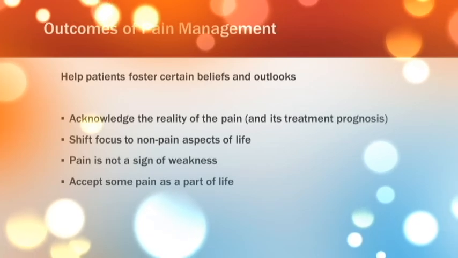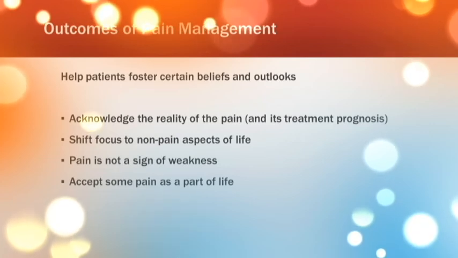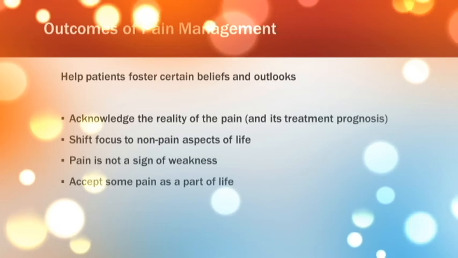And these were taking control, living day by day, acknowledging limitations, empowerment, acceptance, accepting loss of self, a belief that there is more to life than pain, a philosophy of not fighting battles that cannot be won, and spiritual strength.